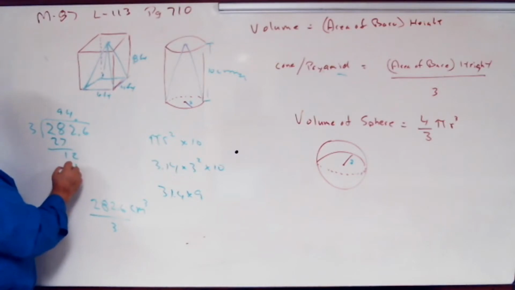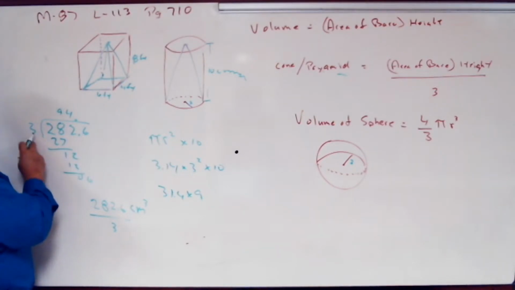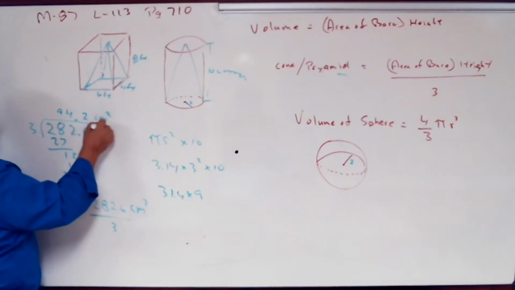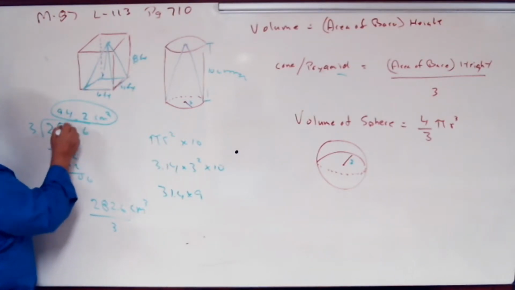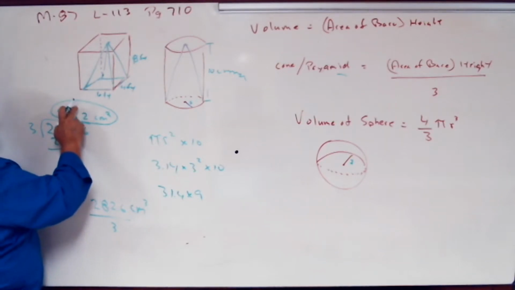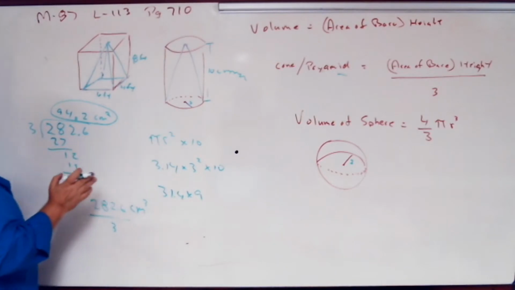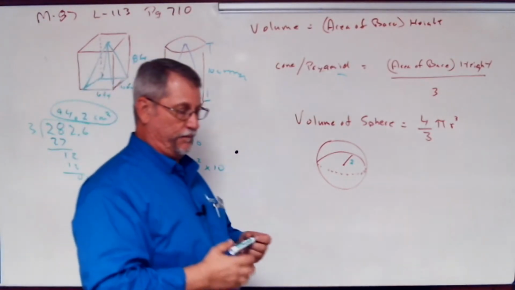That's 12, 0, bring down the 6, 3 into 6, 2. This, my little pumpernickels, is the volume of that cone, all right? That's the volume of the cone.